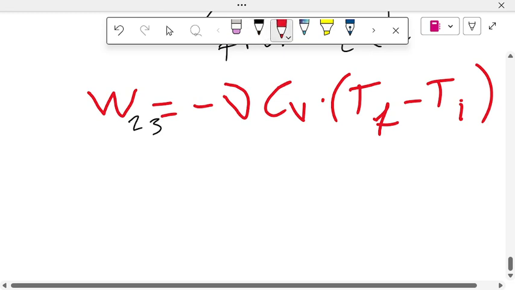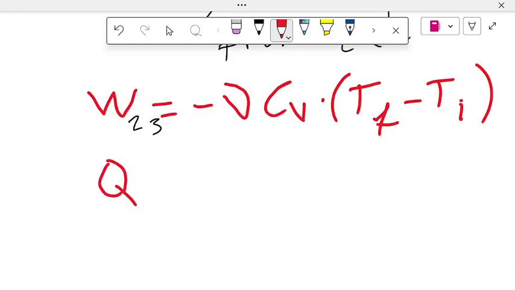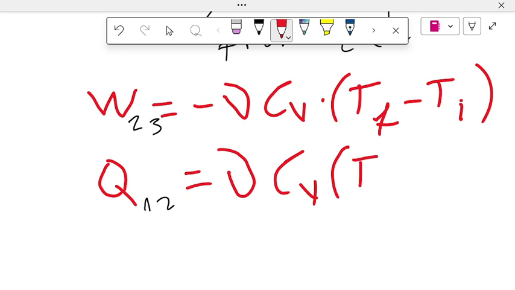But the heat for process 1, 2, let's say, equals the same amount of gas, specific heat for constant volume, and the same, final, sorry, minus initial.